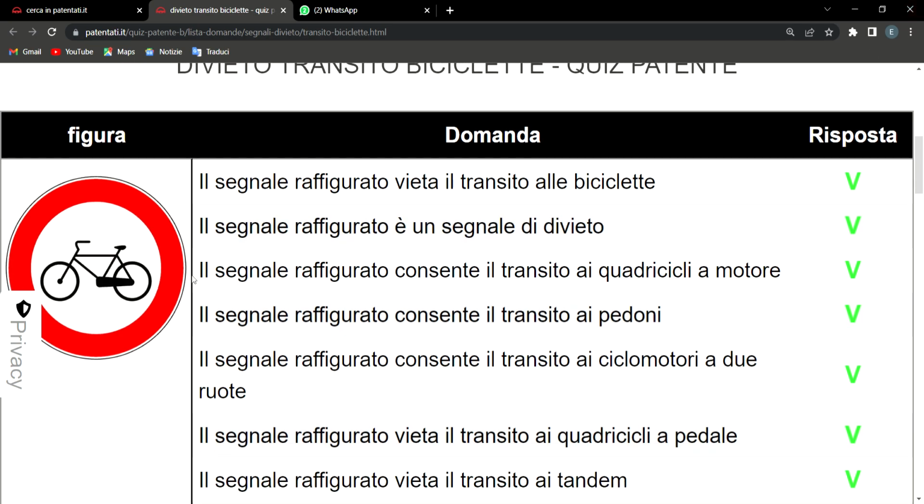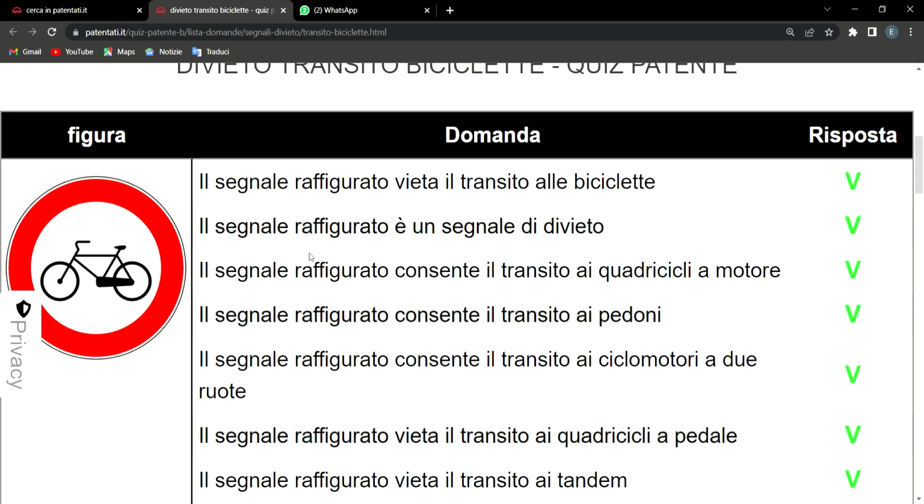Number three says, il segnale raffigurato consente il transito ai quadricicli a motore. If you look at the symbol here, you will see that something inside is a bicycle, which means the only thing that can't transit on this road is a bicycle.